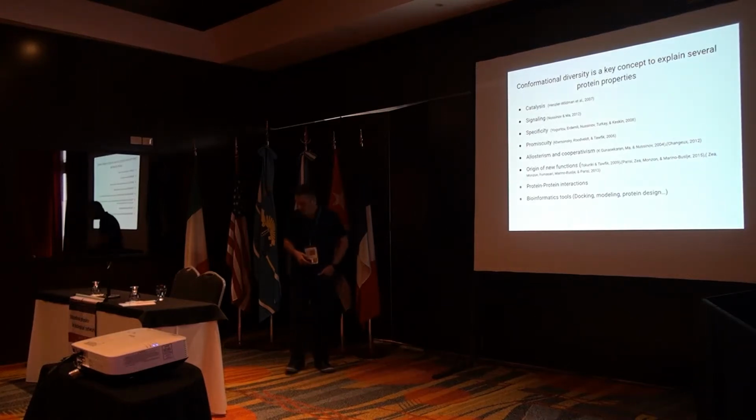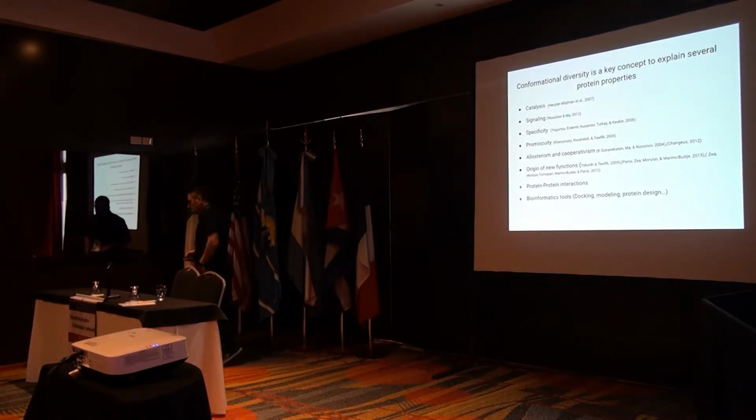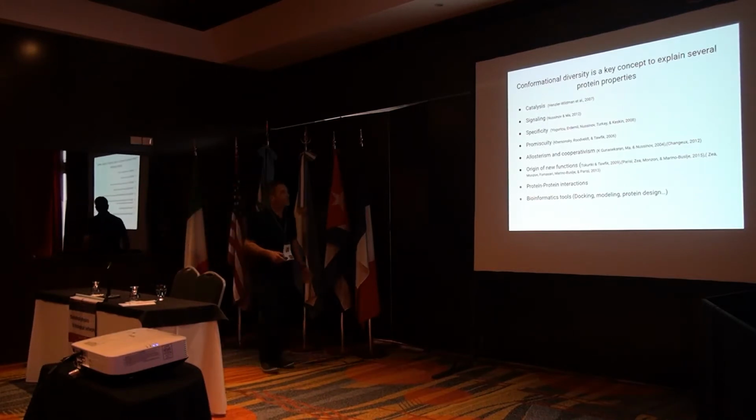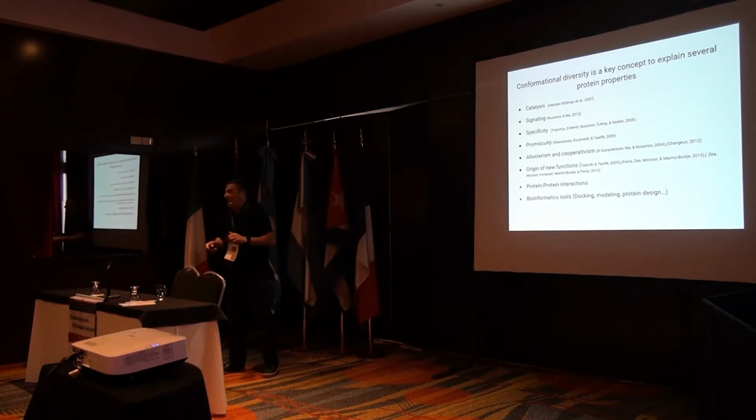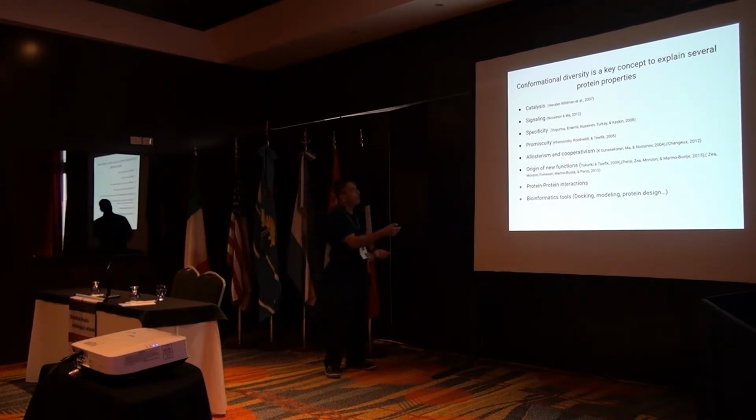In the last 20 years, there was plenty of information referring to the importance of conformational diversity in a huge number of biological processes related to protein activity. For example, enzyme catalysis, signaling, specificity, promiscuity.